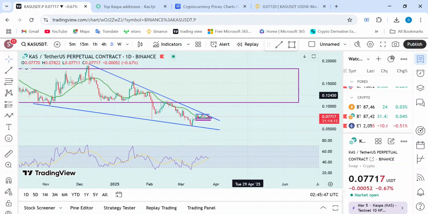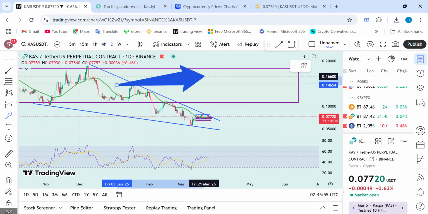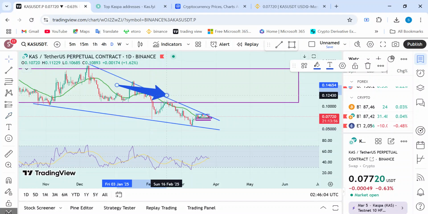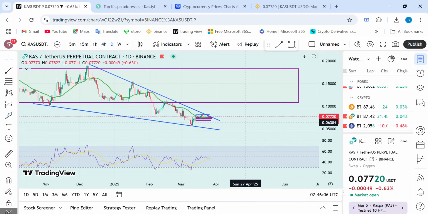If any of them happens, whichever comes first, we'll probably get inside this box. This box right here is our lifeline, because once we are inside it, it's very hard for us to go back down again. It will not be easily possible for market makers to push the price down. So that's what I'm expecting.